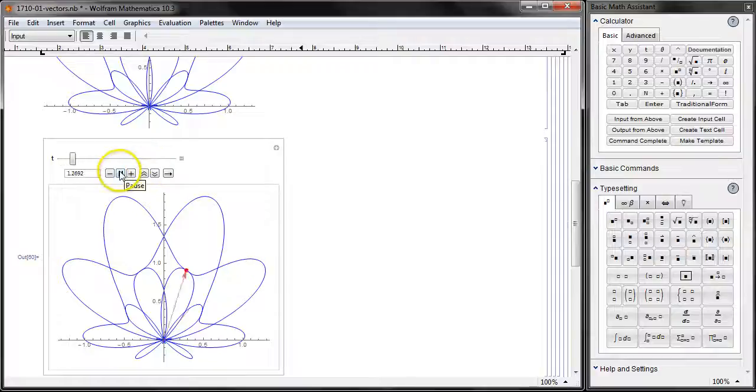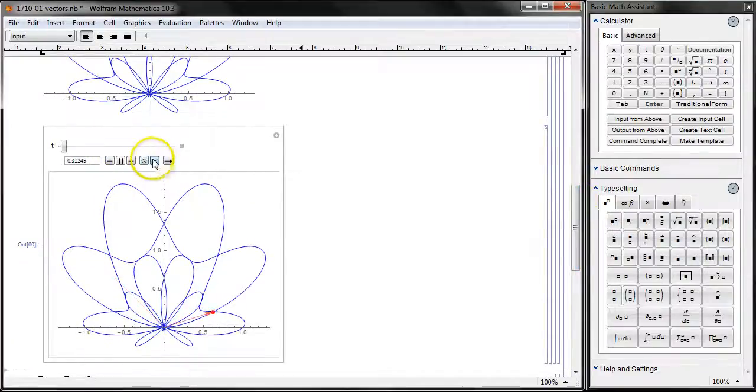And this is a moving particle model. I may have to slow it down. The red point is the particle, and the red arrow is the position vector of that particle. And the blue curve is a trace of that moving particle.